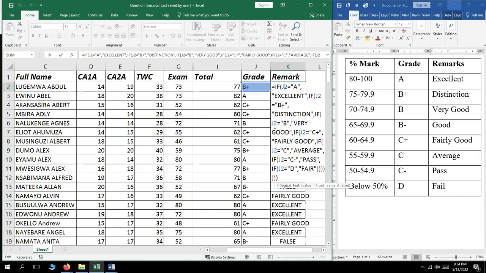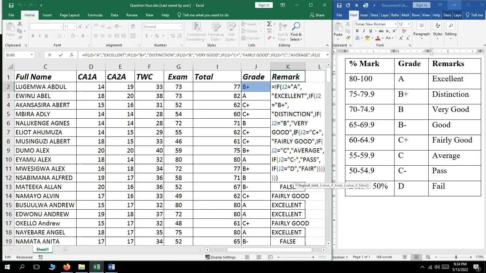That's if J2 is equal to B, comma, very good. We closed. If J2 equals, yes, we skipped B minus. We didn't put it. Instead, we went to C plus. That's why we're getting false.